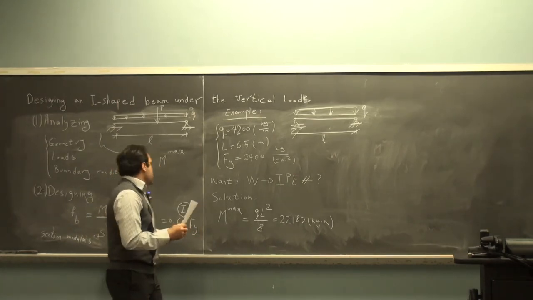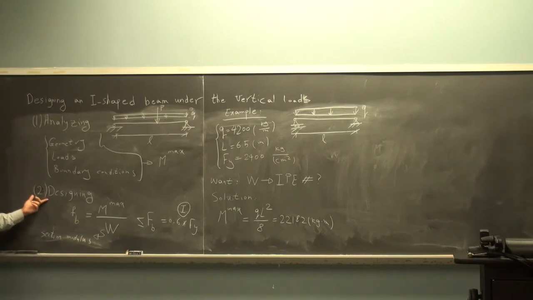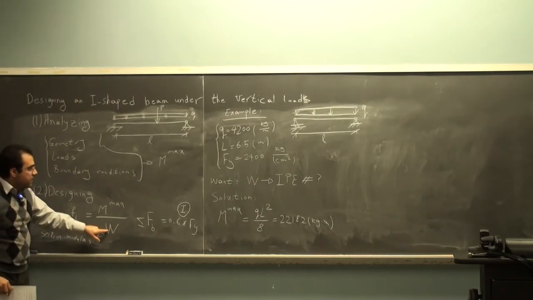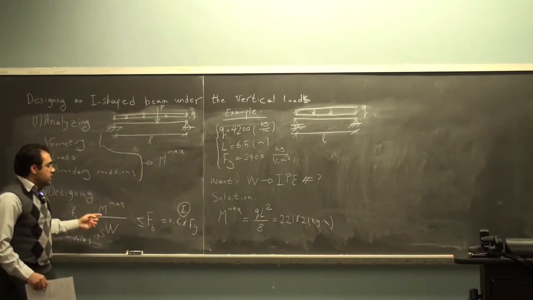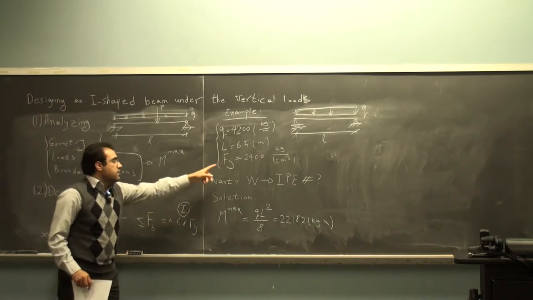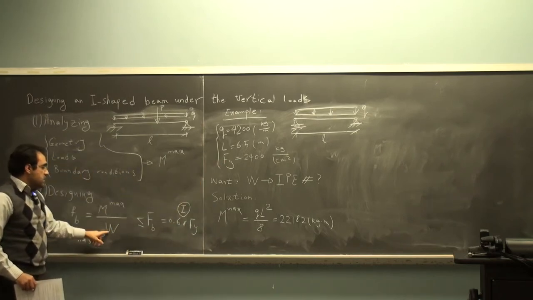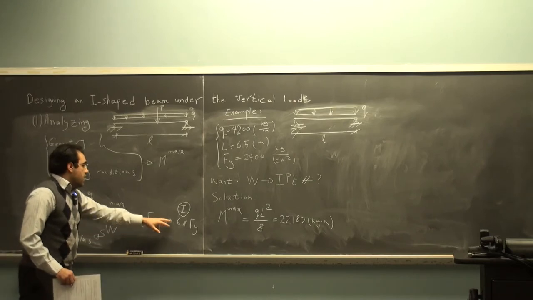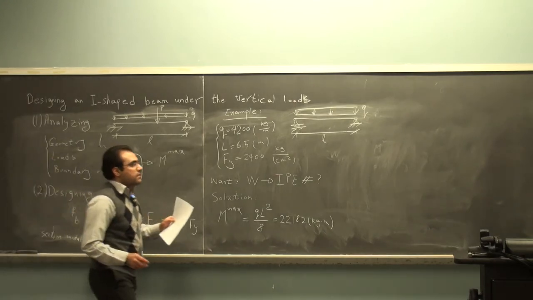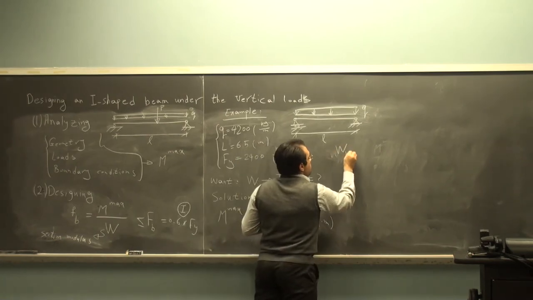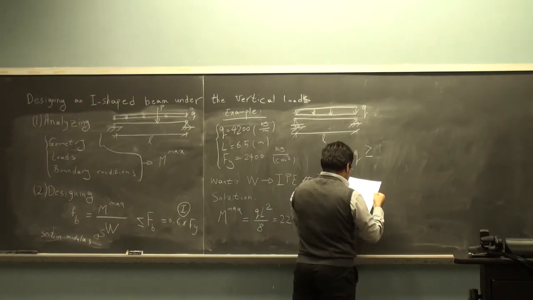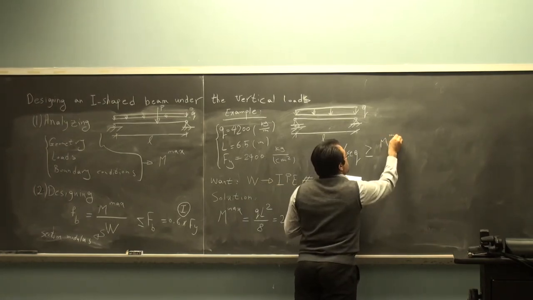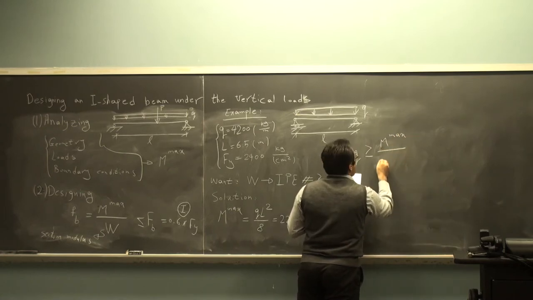Now I have the moment that I want to design the beam for that. So I can start the second step, that is designing. Here we want to find the W. In this formula, I know maximum M, I just calculated that. I know the yield stress is given. So the only thing that I don't know is W. So if I bring it here, and bring this one here, I can calculate the required W. So the required W should be bigger than maximum M divided by 0.6 times FCY.